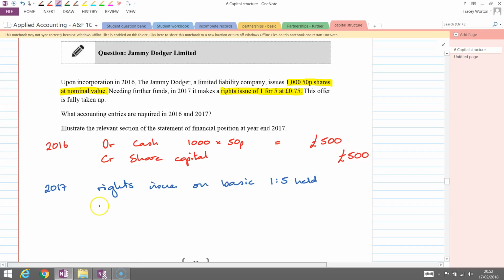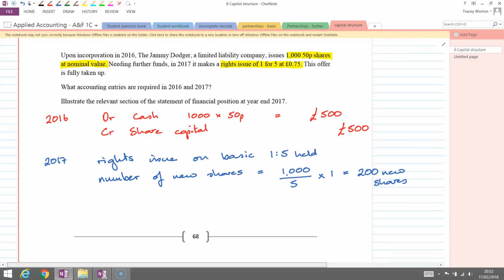So in terms of the number of new shares, there's currently 1,000 shares in issue. For every 5 that a shareholder has, they can buy another one, and so this means that we're going to have 200 new shares issued by the company.